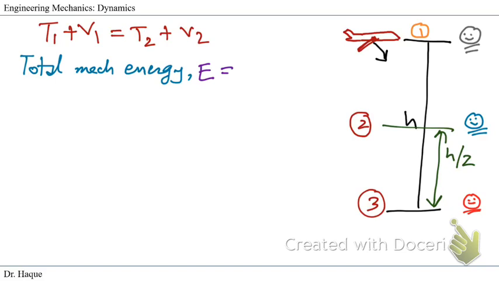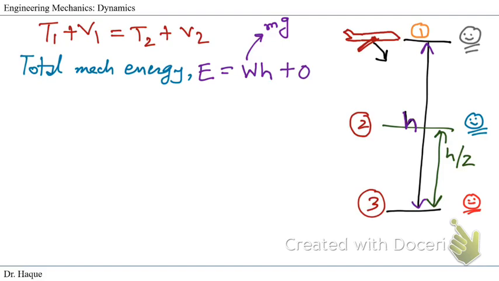If we say it is W, which is the mass of the paratrooper and the gravitational pull, mg, it will be W multiplied by H, the total height from here to the ground. And there is no kinetic energy because he's in the plane, so it will be 0. So total mechanical energy will be WH.